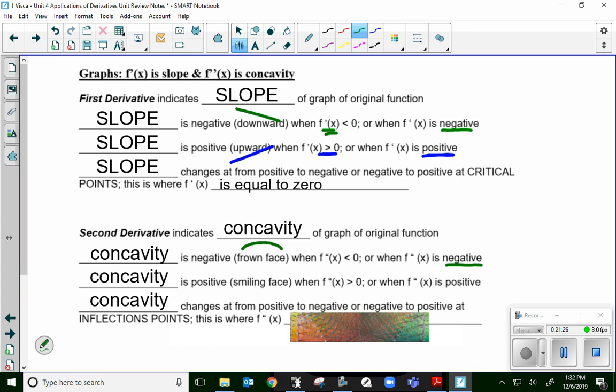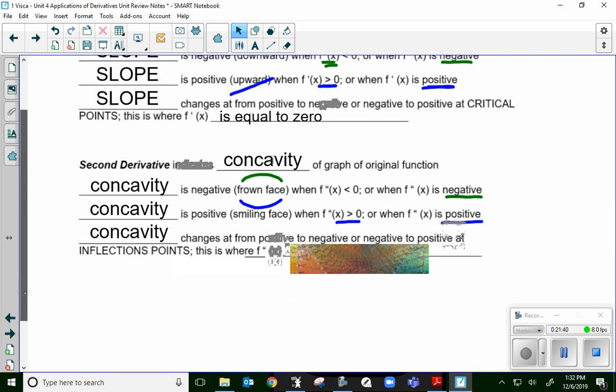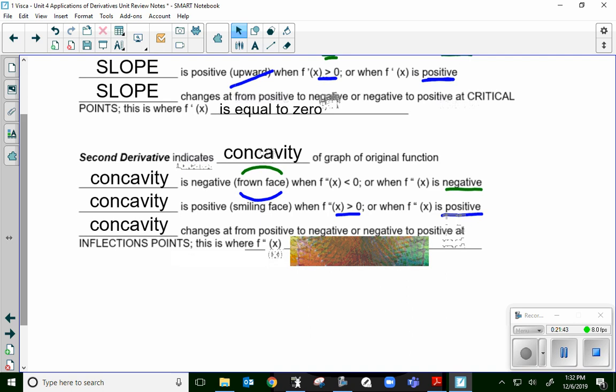Concavity is smiling or curving up when f double prime, or second derivative, is greater than 0, which means it's positive. Concavity changes from positive to negative, or negative to positive, at inflection points. This is where the second derivative is equal to 0.